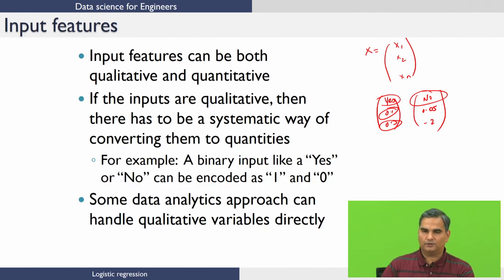So, then those also become numbers. This is a very crude way of doing this. There might be much better ways of coding qualitative features into quantitative features. You also have to remember that there are some data analytics approaches that can directly handle these qualitative features without a need to convert them into numbers, so you should keep in mind that that is also possible.